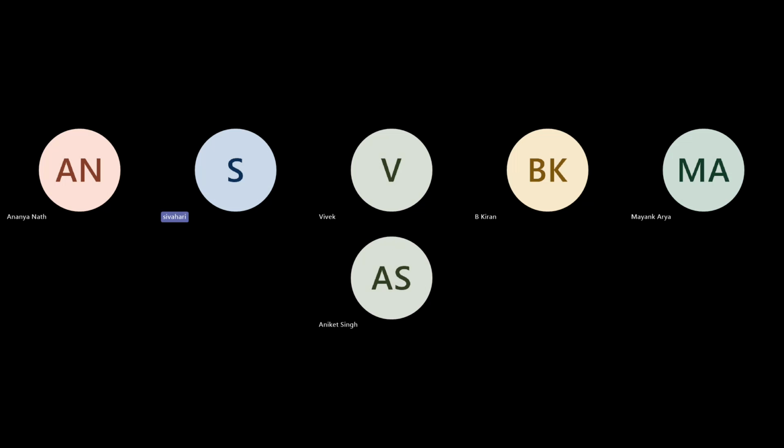Ma'am, what is the difference between FDM and 3D printing? Okay, 3D printing means additive manufacturing. Whatever we have discussed till today are types of 3D printing techniques, and FDM is one type of 3D printing.